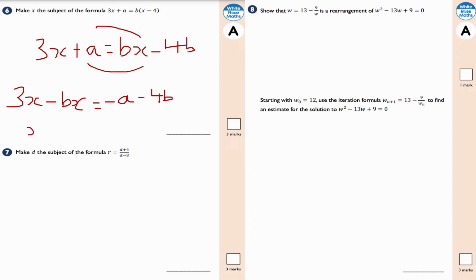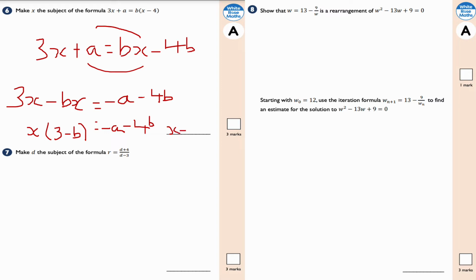I'm now going to factorize the x out, okay, brackets 3 minus b is equal to minus a minus 4b, or minus 4b minus a, either way is fine for the right hand side, okay. I'm now going to divide through by 3 minus b to get x by itself, okay.